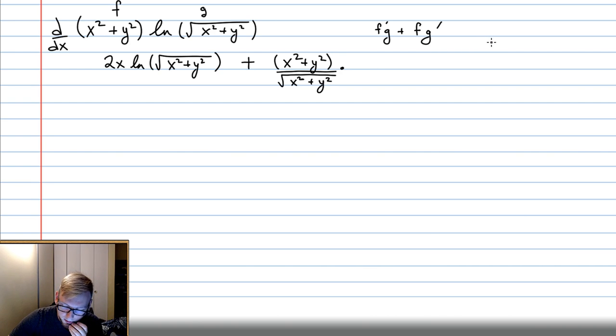well, this is quite a few parts. If I split it up, x squared plus y squared to the 1/2 is what this actually looks like, right?